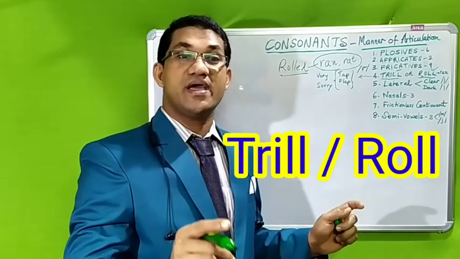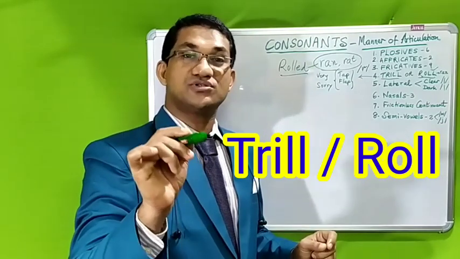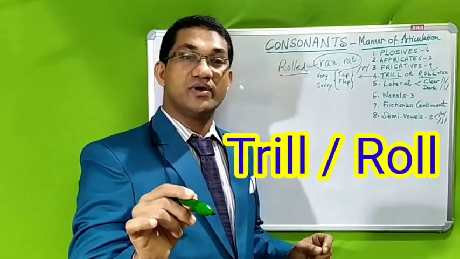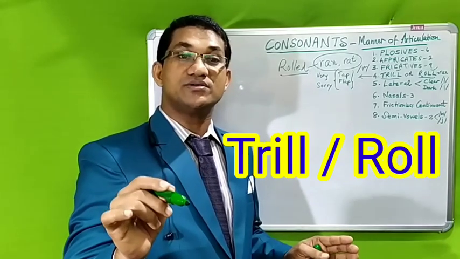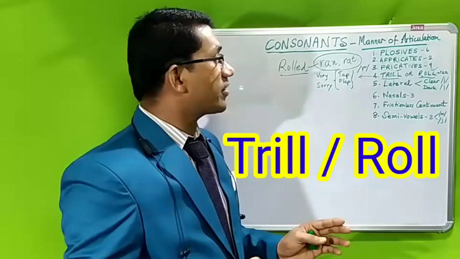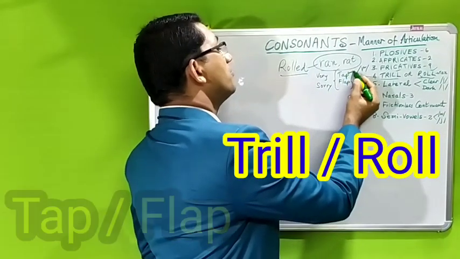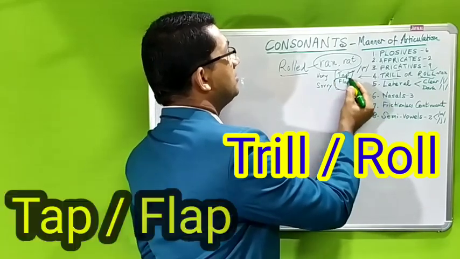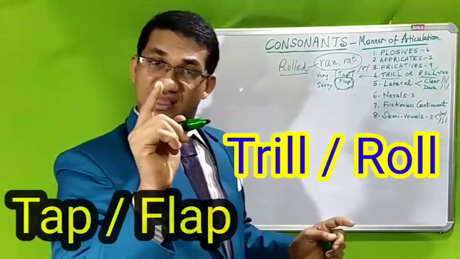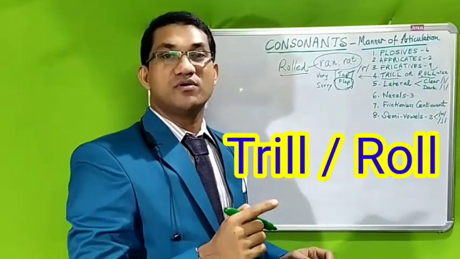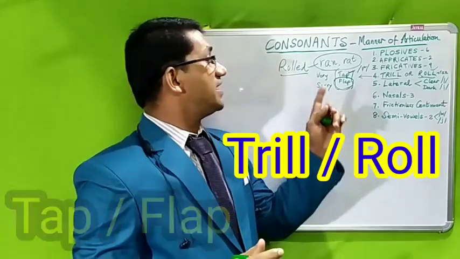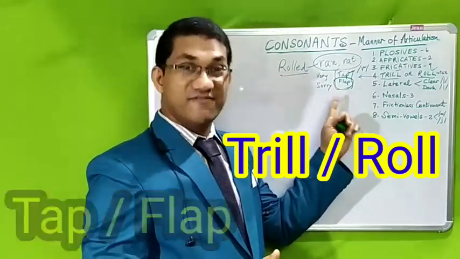And such a post-alveolar frictionless continuant or R is what is known as a tap or a flap. That's what we have to understand. A post-alveolar frictionless continuant which is articulated with a single tap against the roof of the mouth or alveolar ridge is known as a tap or a flap.